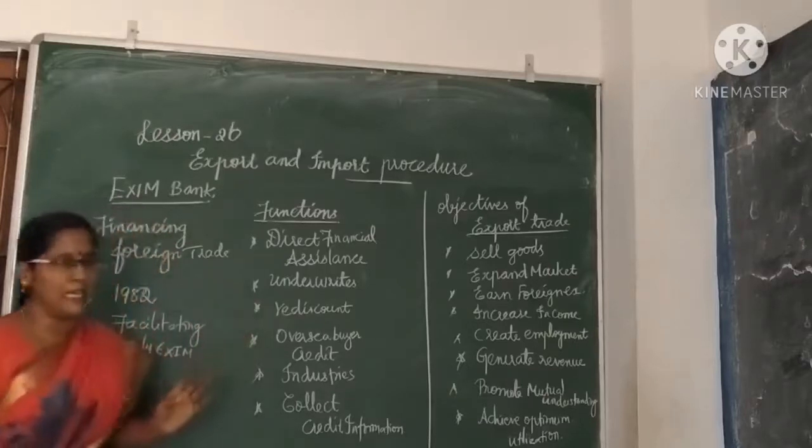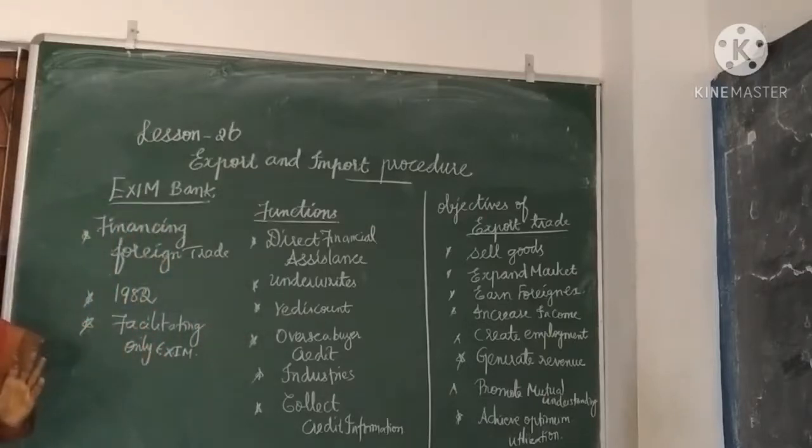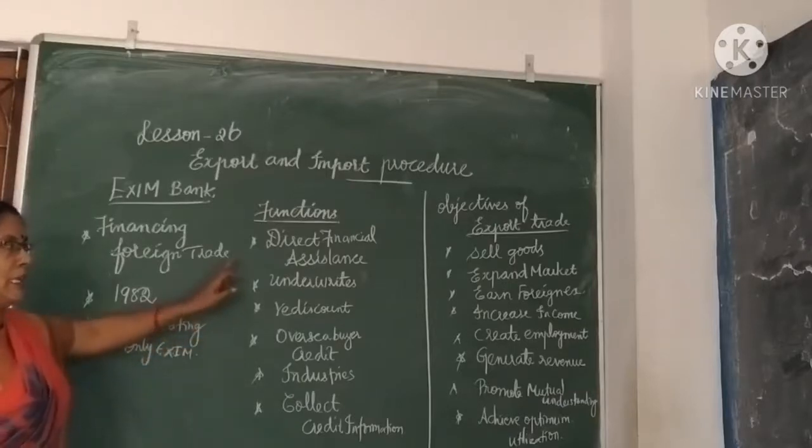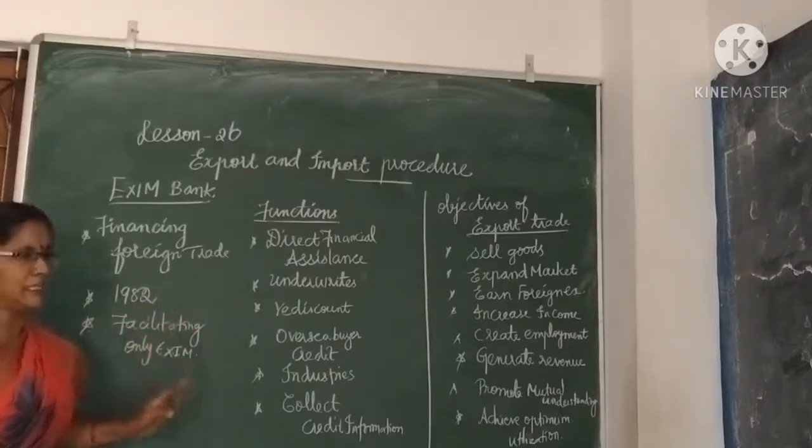It gives direct financial assistance to purchase plant and machinery and related services. Whatever machinery, equipment, or technical know-how exporters want to buy, for that implementation and establishment of business, the Exim Bank gives financial assistance.